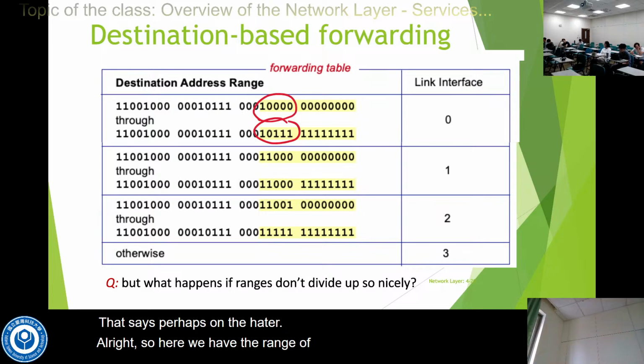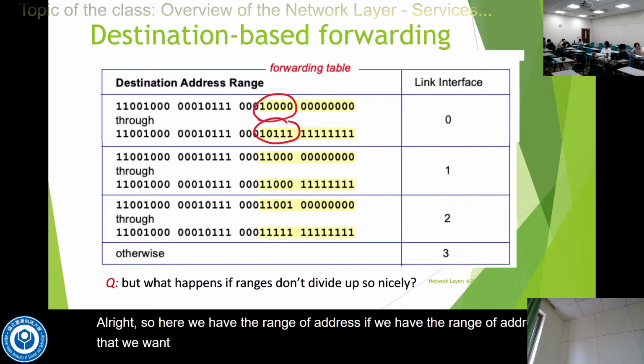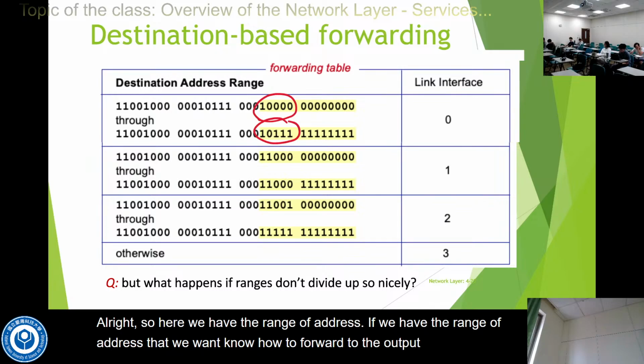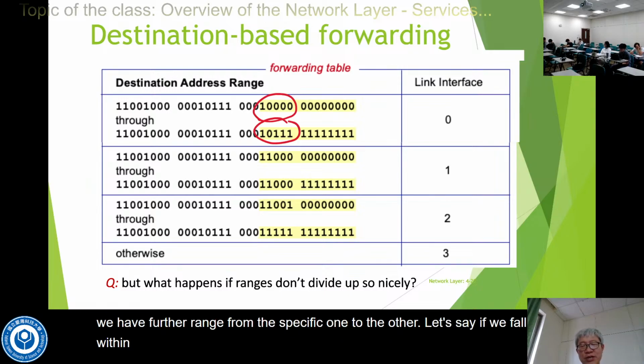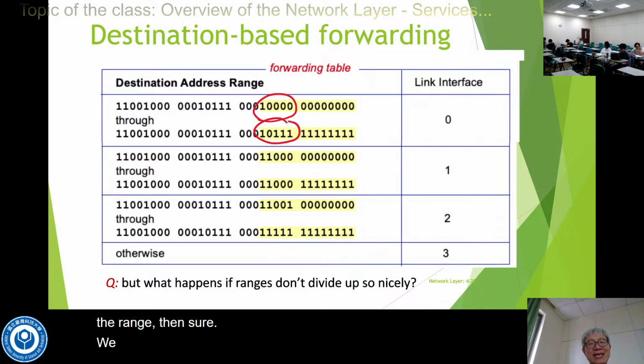If we have a range of addresses, then we want to know how to forward to the output link. If we fall within the range, then we just forward it to interface 0, 1, 2, or 3.